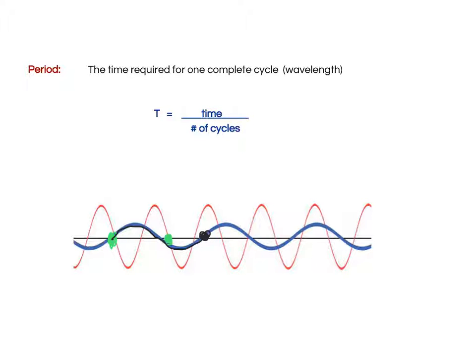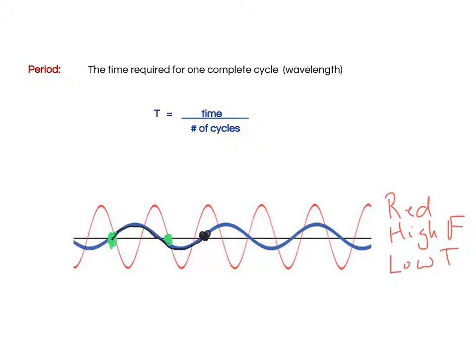So let's think about that. I said the red wave had high frequency, but it had low period. And the symbol for period is a T for some reason.